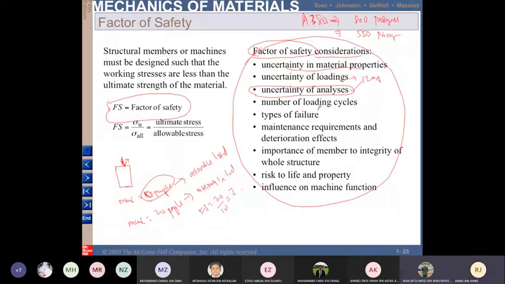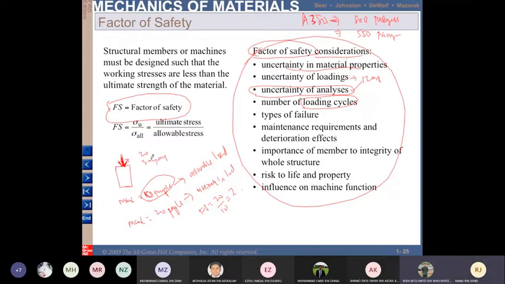Loading cycle means the repetition of that thing being used. For example, like this lift. So this lift will be used for how long? 20 years, 30 years.